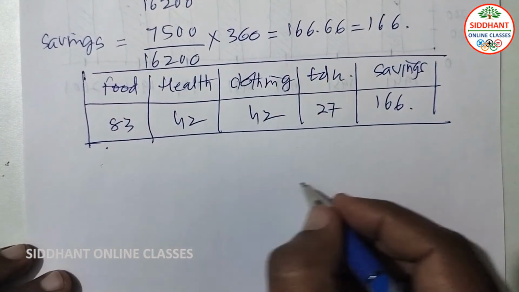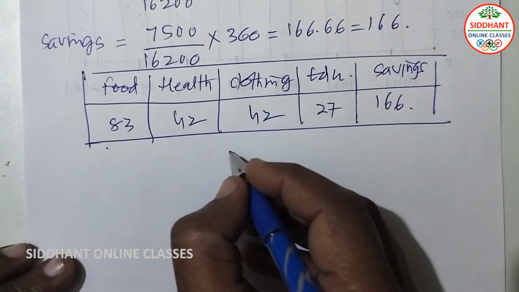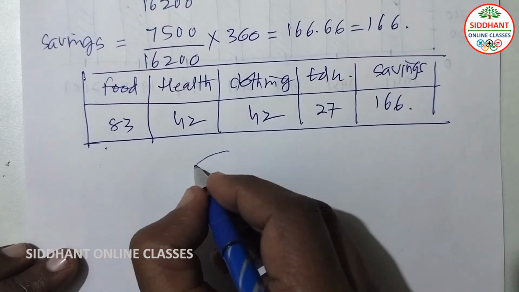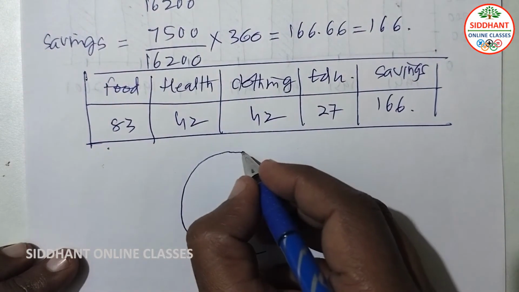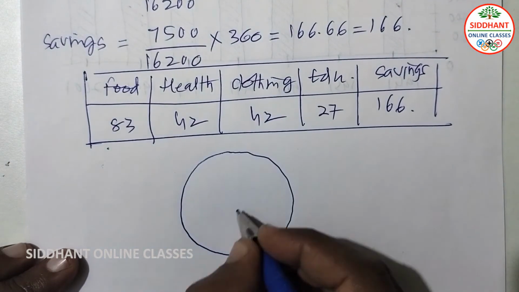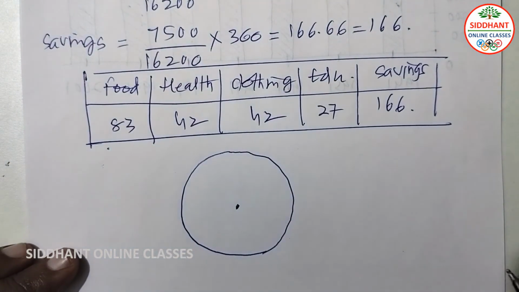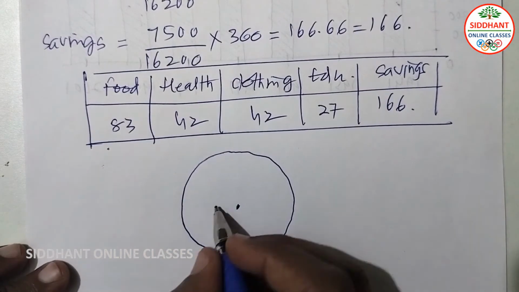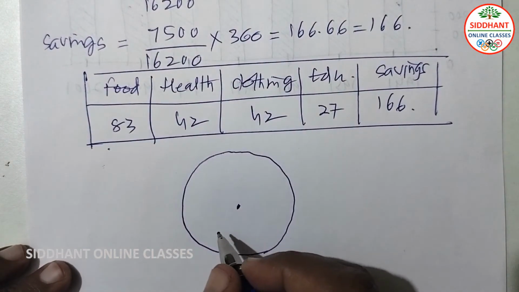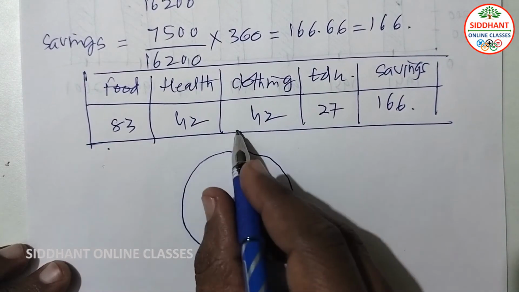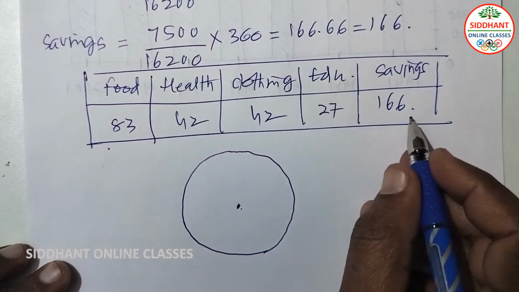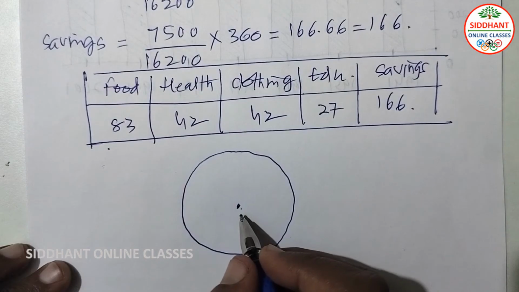So now we are going to take the circle here. So this will be the point. Now we are going to first draw the angle 83 here, after that 42, 42, then 27, and 166 is the rest of the angle here.